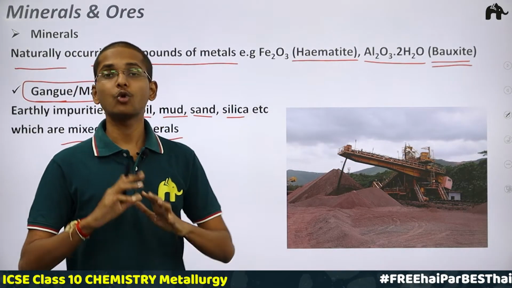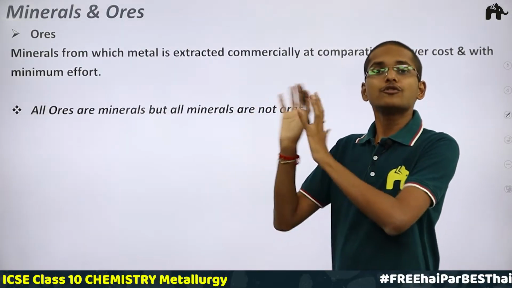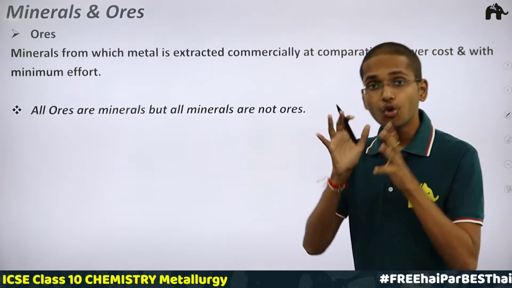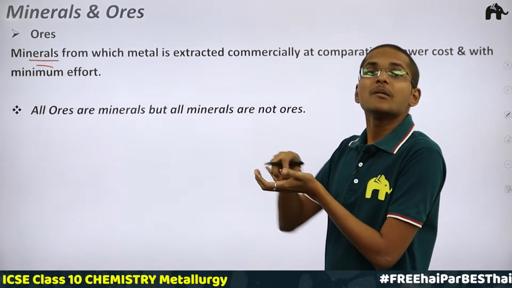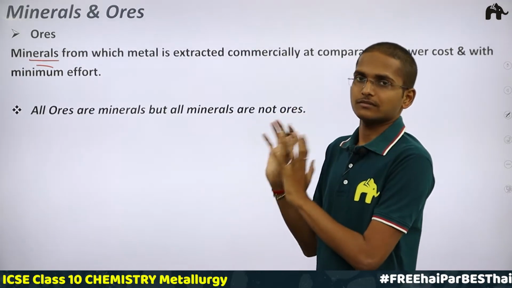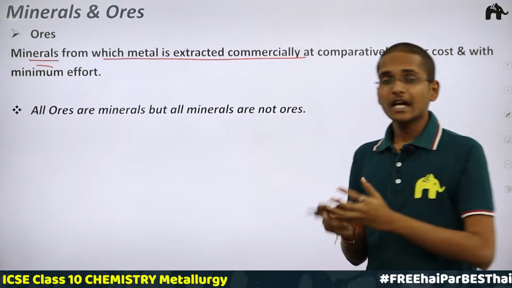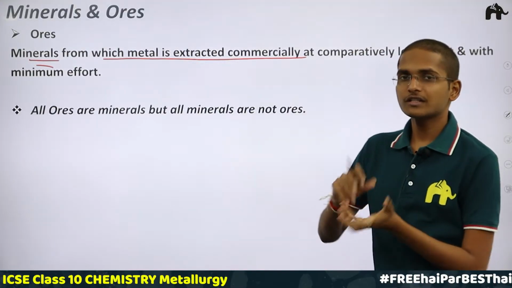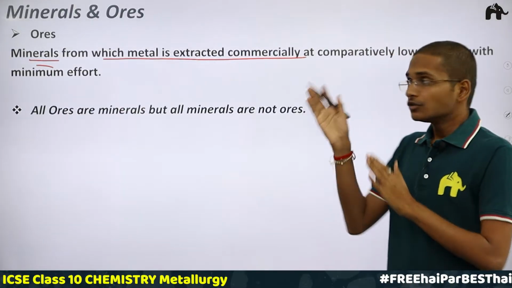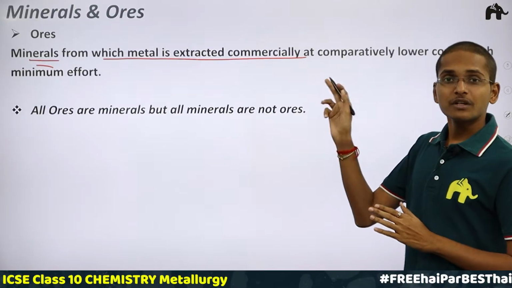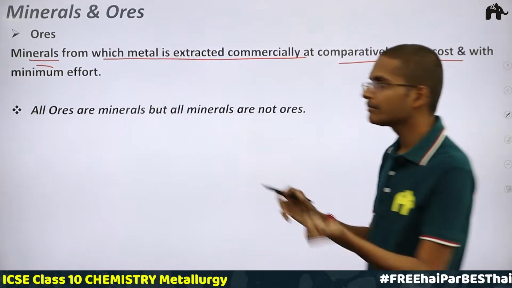Now let's see what are ores, and how they are different from the minerals. Ores are also minerals, but ores are those minerals from which we extract the metal on a commercial scale, that is, commercially. And not only are we extracting the metals on a large scale, but also from those minerals from which we can extract the metal at comparatively lower cost and with minimum effort.